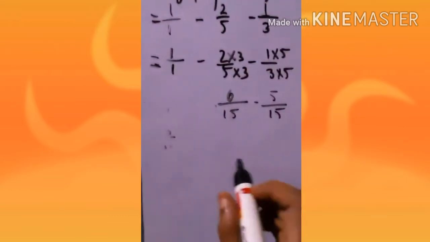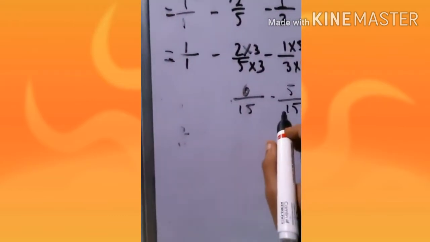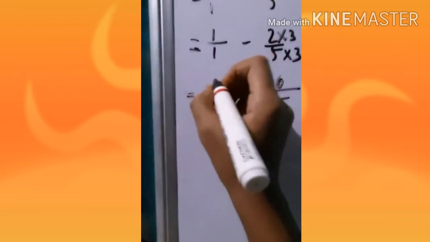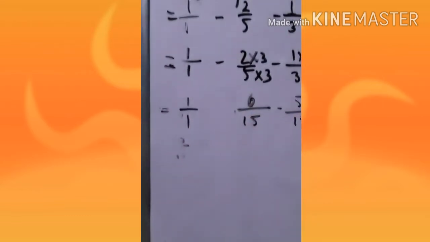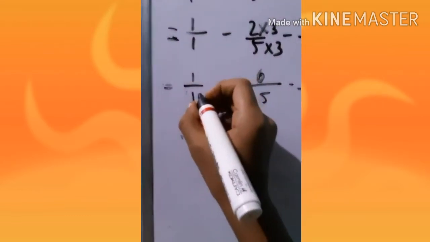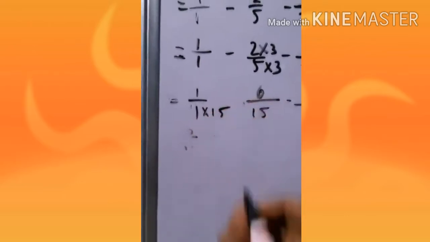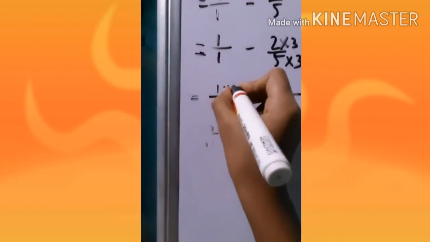Now come to this part. Now when these two denominators are the same, then we will write them the same down, and 15 goes 15 times, same up also.